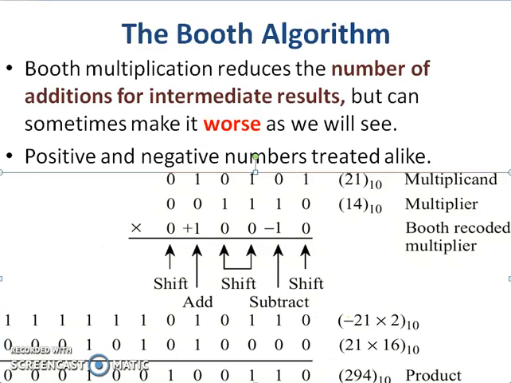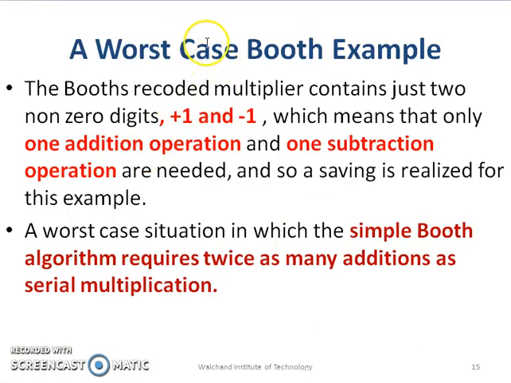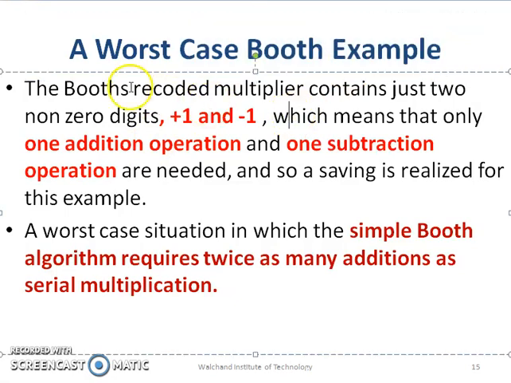So the best case with this Booth example is that the Booth recoded multiplier contains just two non-zero digits, +1 and -1, which means that only one addition operation and one subtraction operation are needed for the previous example. So saving is realized for this example. There are just two operations, so we may feel that this Booth recoded multiplier is the best method.